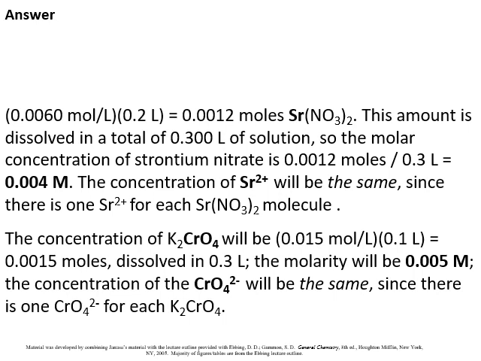For the potassium chromate, 0.015 times 0.1 is 0.0015, divided by 0.3 is 0.005. So the molarity of the potassium chromate is 0.005. Also the chromate, because there's 1 for every K2CrO4, will be the same. It will also be 0.005. So all we have to do now is multiply 0.004 times 0.005.